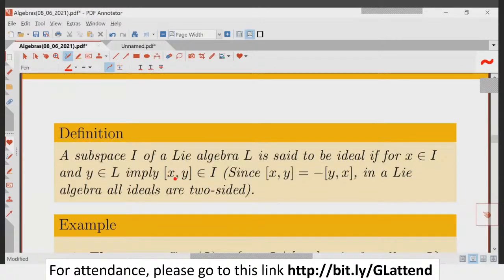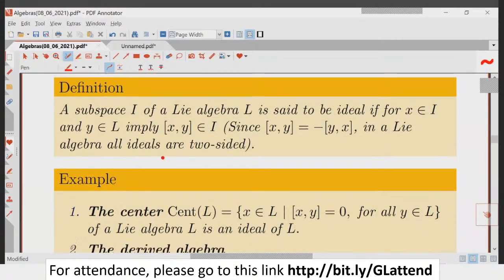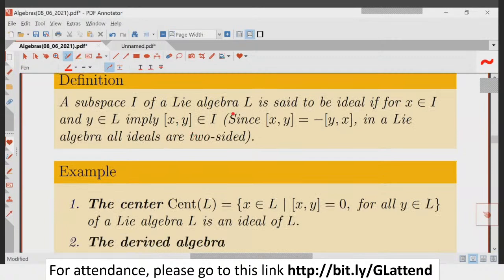All right. And now, ideals in a Lie algebra. A subspace of a Lie algebra is said to be an ideal if, as usual, the product with respect to that bracket operation, which we denote as a bracket [x, y], stays in I again.